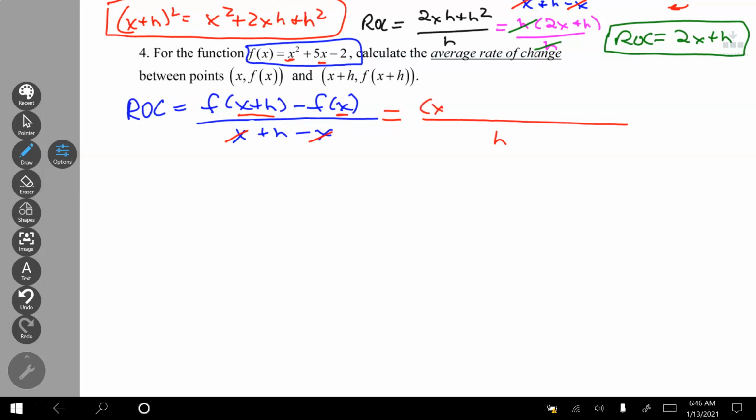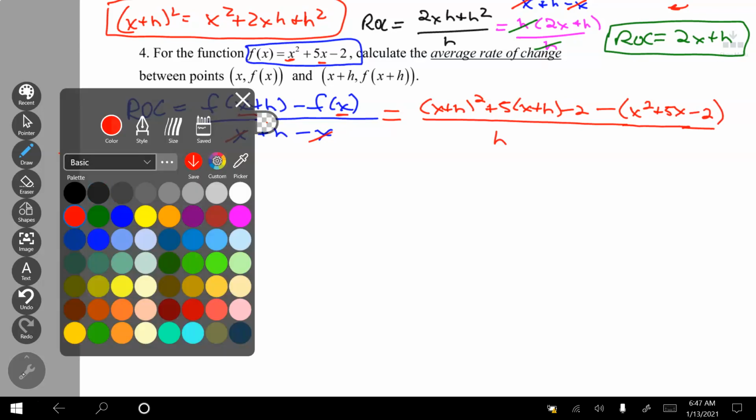So I get x plus h squared plus 5 times x plus h minus 2. And now I have to subtract the original function. It says subtract the original f of x, parentheses, x squared plus 5x minus 2. Okay, now I have to expand everything.